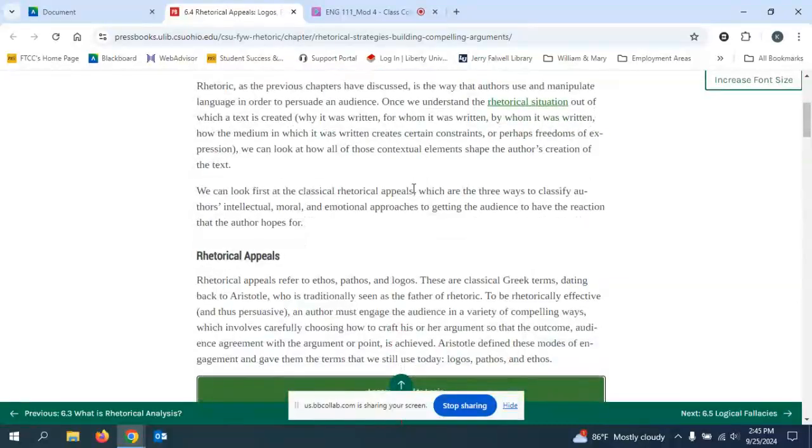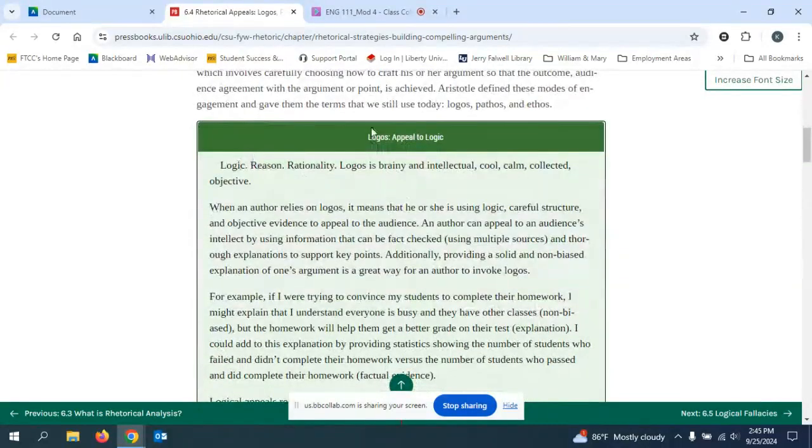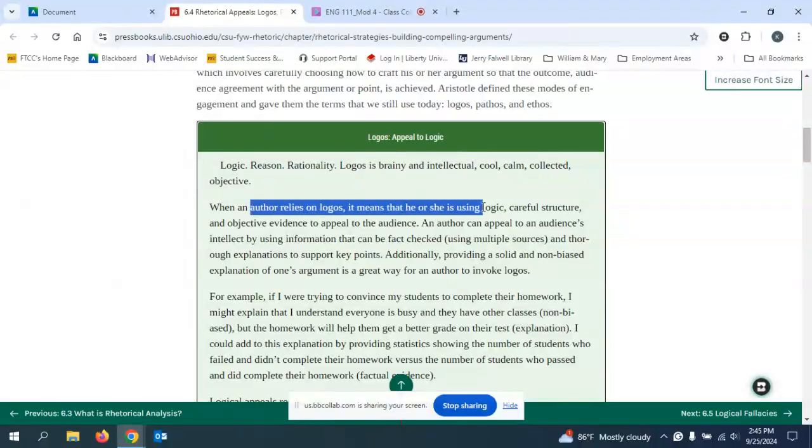The logos, which stands for the appeal to logic. So it's about logic, reason, rationality. When an author relies on logos, it means that they're using logic to appeal to their audience. They might present evidence, like statistical data, to support what they're saying.